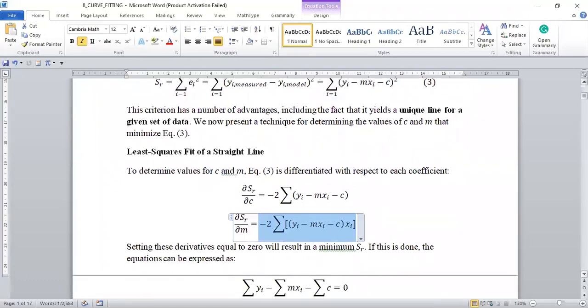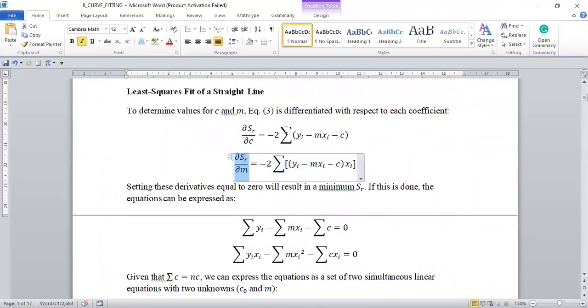So in order to minimize SR, remember that we want to drive this to 0. In order to minimize it, we are going to set the derivative to 0. So the next set of equations, we set this equation and this equation to 0. Then we expanded out this term and this term.